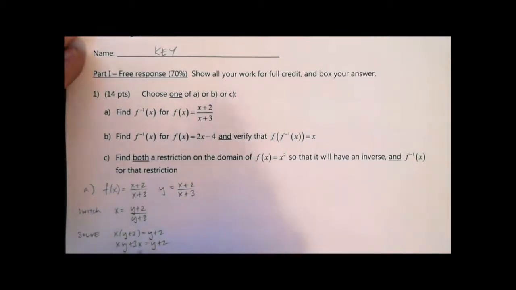Remember, we're solving for y, so I want to get the y terms on one side and the non-y terms on the other side. And to combine these terms, we simply factor out what makes them like. We get y is (2 minus 3x) over (x minus 1), and that is our f inverse.